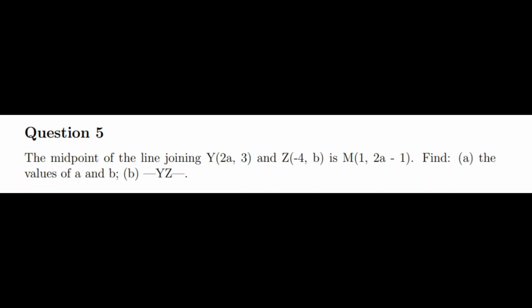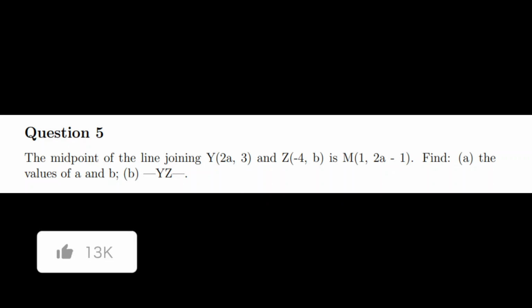We know Y and Z are coordinates and M is their midpoint. So we are looking for a and b. For the x coordinate, we get 2a plus negative 4 all over 2 equal to 1. With this substitution, we get a to be equal to 3.